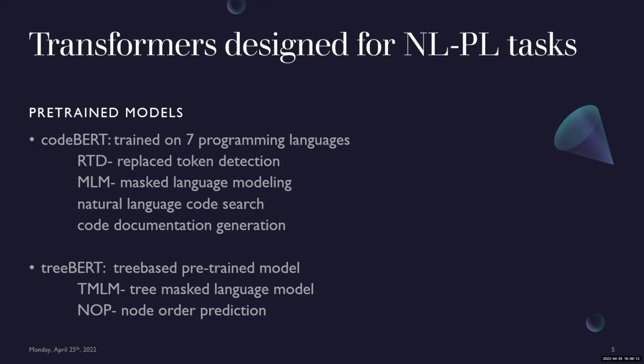And the TreeBERT, I didn't use it at all or even get to that because it's a whole other ball of wax, more focused on using the abstract syntax tree of a programming language, and doing tree masked language models and node order predictions.